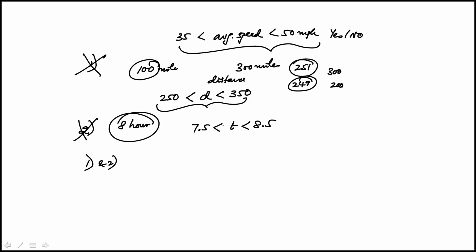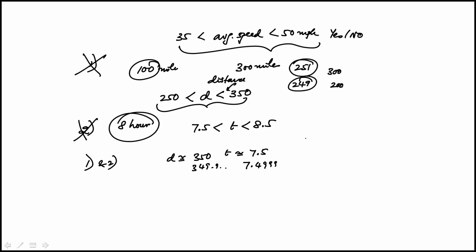I'll try to compute the greatest speed, the highest average speed that he could have, which would be at this end, if D is close to 350 and time is close to 7.4999, so 349.99.